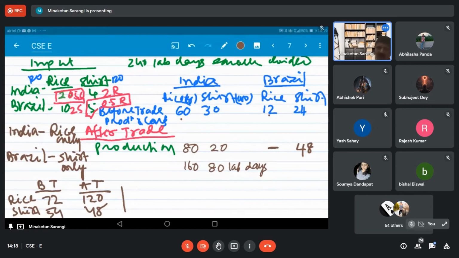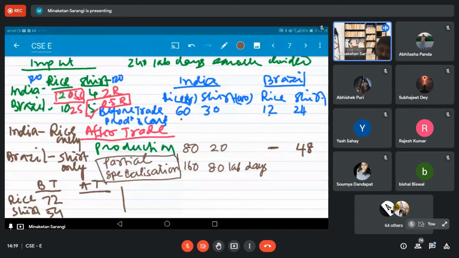So here trade can take place. So what is the situation? Production before trade and after trade through partial specialization. What is the total?